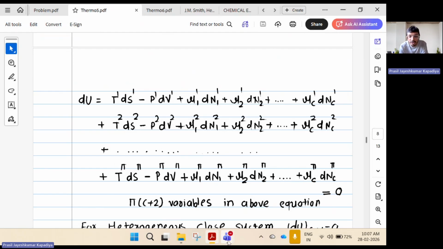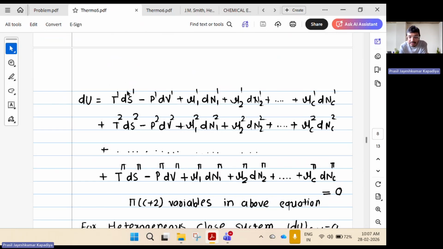So in this particular equation, how many variables are we having? In each equation there are C components, so these are C relations, plus this one T dS and P dV. So C plus 2 variables, and this was for one phase.